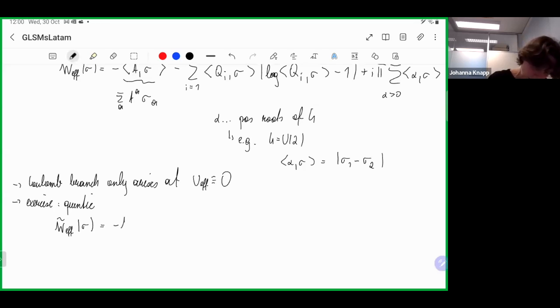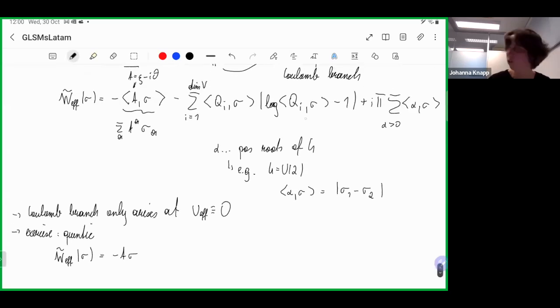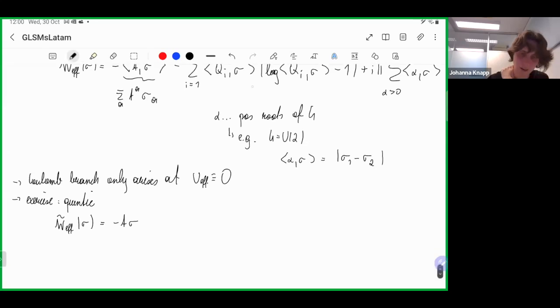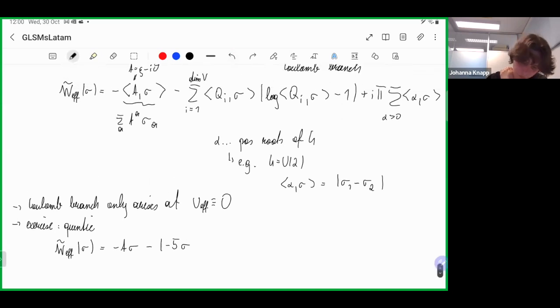So we have minus T times sigma. Then we have to go through each of our chiral scalar fields and take the charges and pair with sigma. So for the P field, we'll have a minus, and then the charge of the P field is minus 5. And we multiply that with sigma. This is the first term up there. I should scroll down a little. And then we have the log of the same thing, which is minus 5 sigma, minus 1.